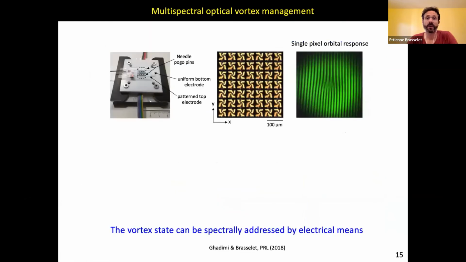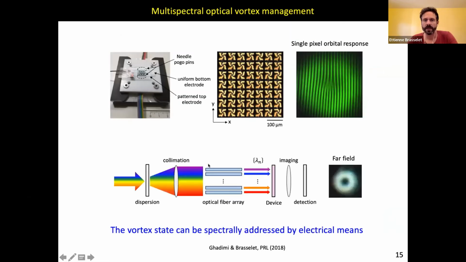And regarding the microscopic world and pixelated self-engineering devices, here is an example of a spatial light modulator where every pixel is a topological pixel. This is the response of one pixel, so a nice vortex is generated. What is interesting here is that we made a demonstration of dispersing a polychromatic field into several channels.